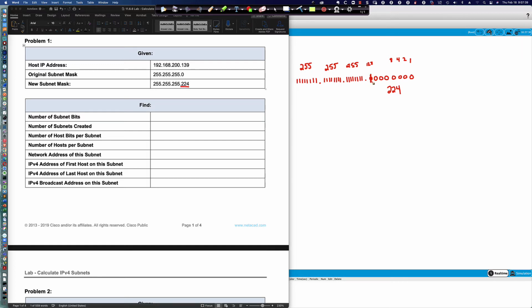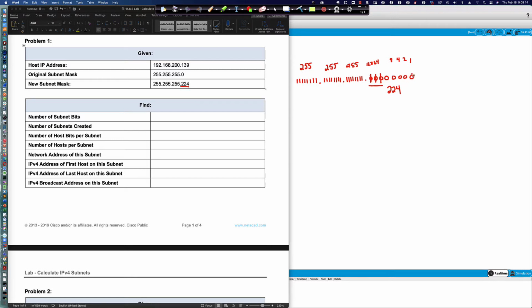So 128, and the next value over here is 64. 128 plus 64 is 192, plus 32 is going to give us 224. So if it is a 224 value here, it means the first 3 high order bits, and remember, when you're in the octet, we have to go from left to right.